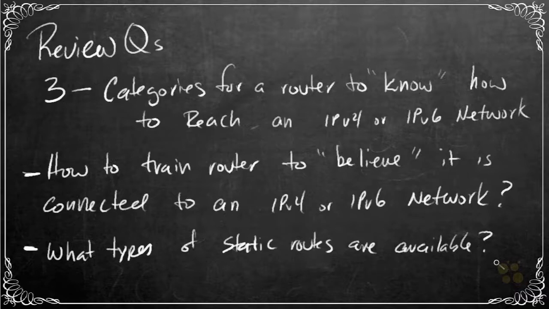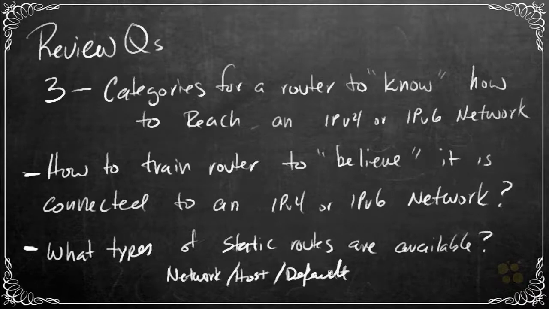So if we have route A, which has a low administrative distance, and we put another exact match for a network in with a higher administrative distance, the route that has the higher administrative distance, the bigger number, is not as attractive. It won't be used right away. In fact, it'll just be floating, hence the floating static route. So we have network, host, default, and floating, all various types of static routes for both IPv4 and IPv6.